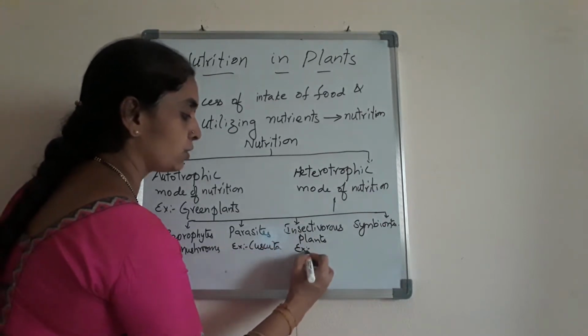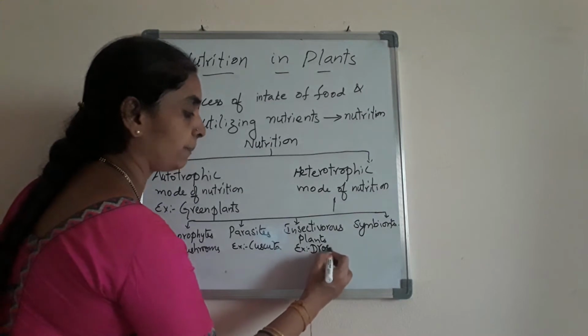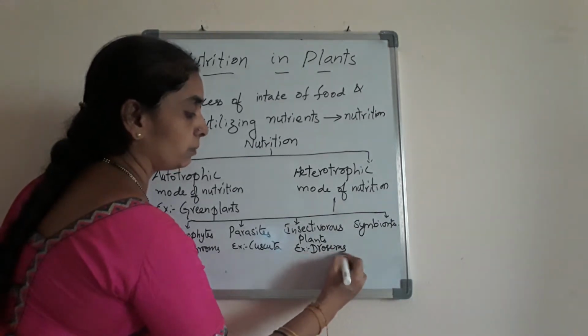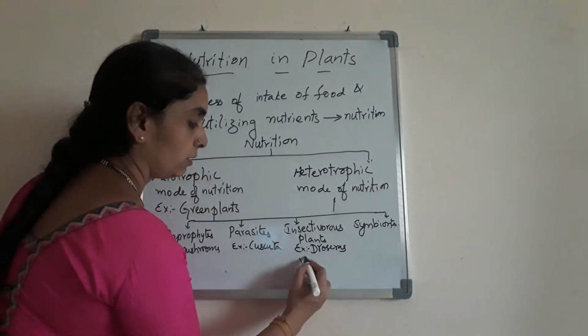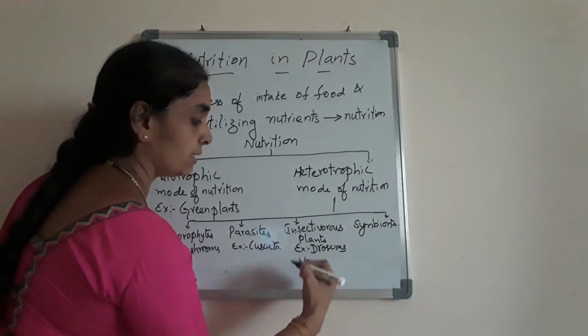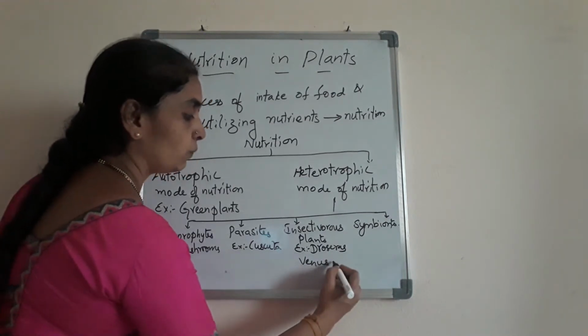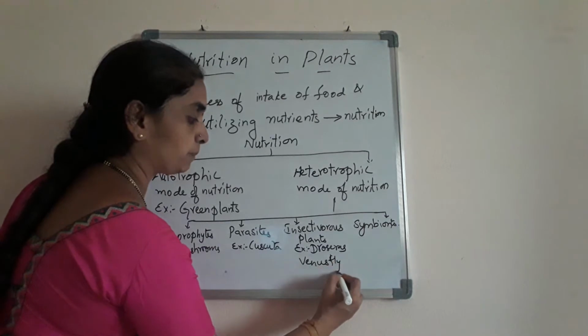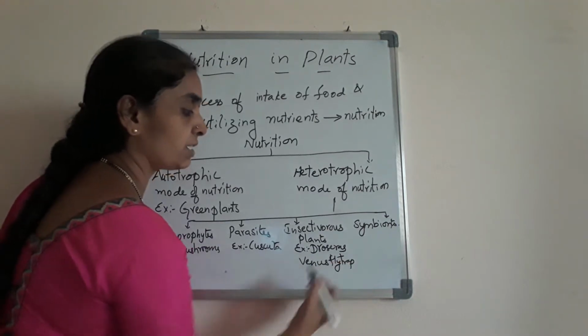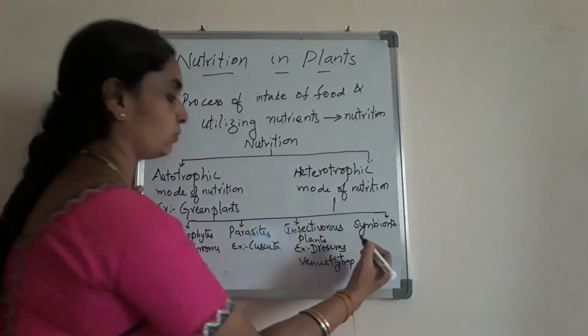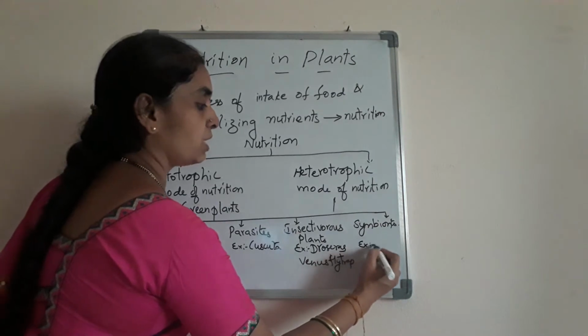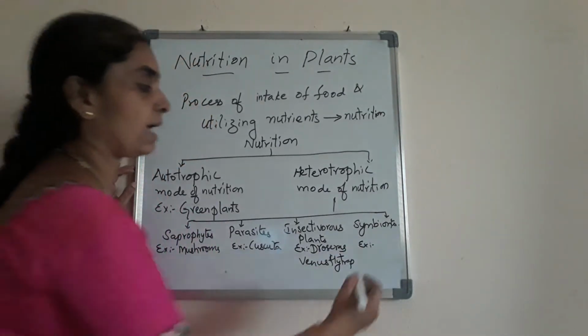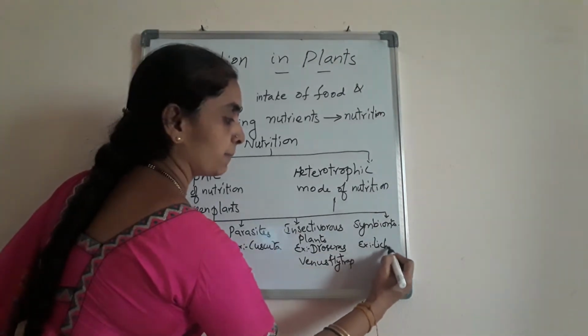Insectivorous plants: Drosera, Venus flytrap, sundew, etc. So many are there. We'll see in the further classes. While I explain each and everything, I'll tell more about them. Symbiotic relationship. Symbionts, examples are lichens.